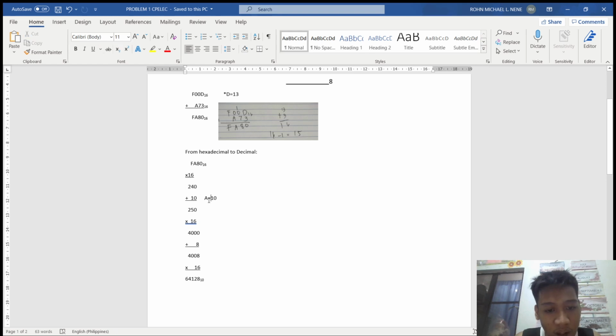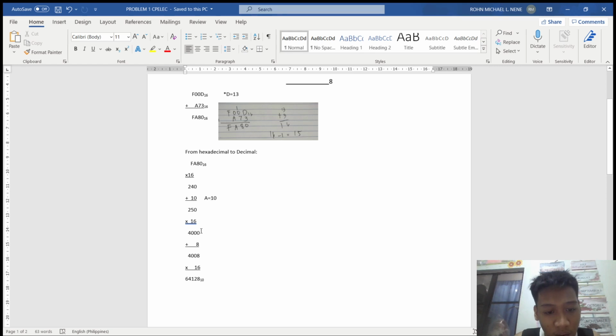Then since A has a numerical value of 10, we will be adding it to the previous answer, which is 240. That is why we will get 250. Then we will multiply it again to 16, which we will get 4,000. And then since the next number is 8, we will add it to 8, which we will get a value of 4,008.